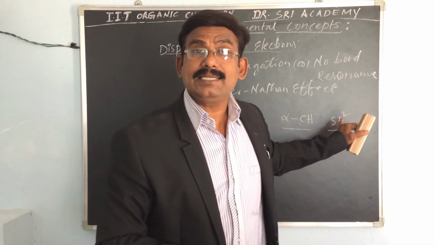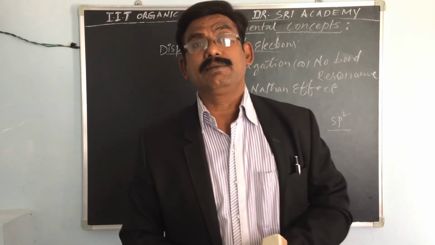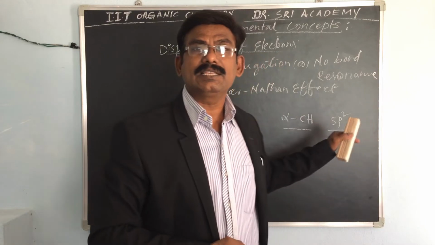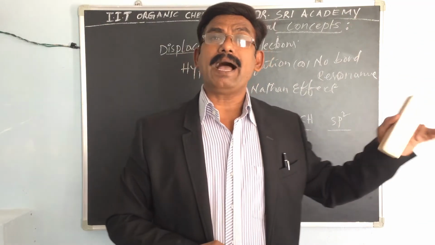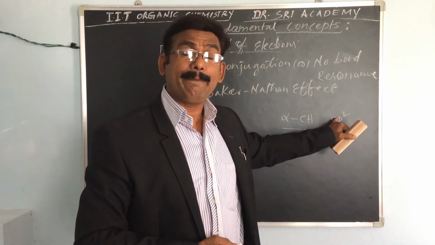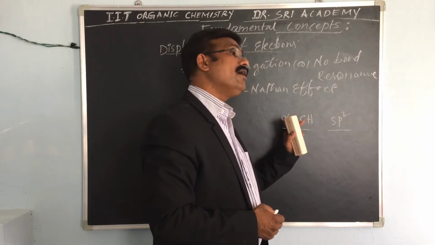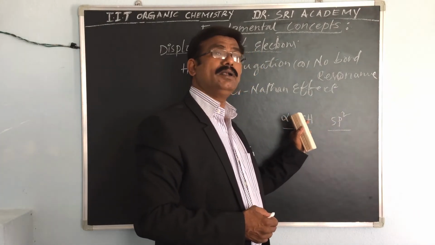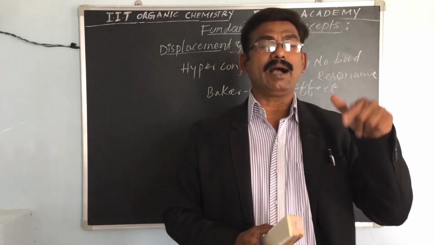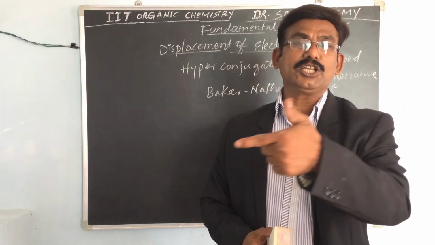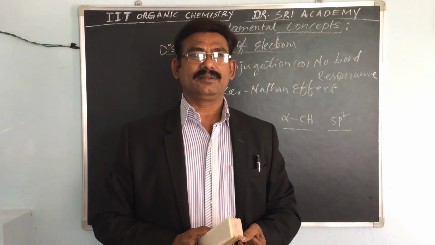The delocalization of sigma electrons of the CH bond adjacent to a pi bond. The pi bond is present on the sp2 carbon atom, and this alpha CH bond is the sigma bond. The delocalization of sigma electrons of the carbon-hydrogen bond adjacent to a pi bond is called hyperconjugation.